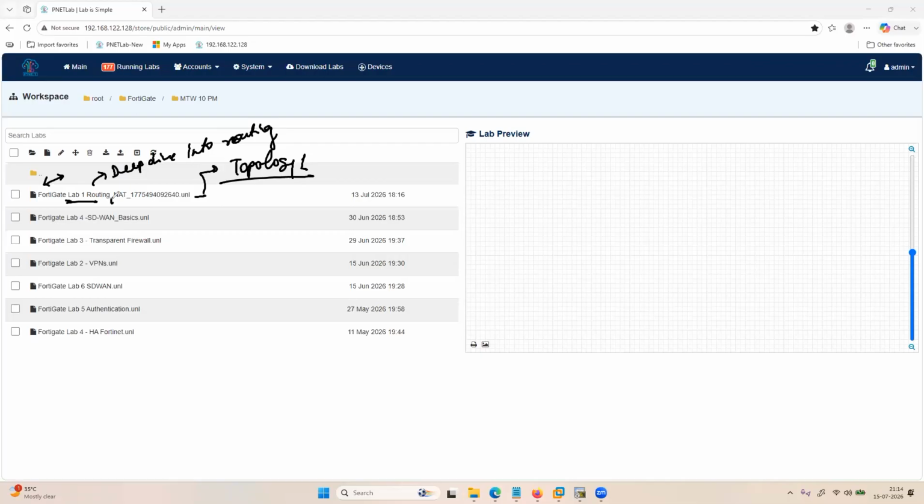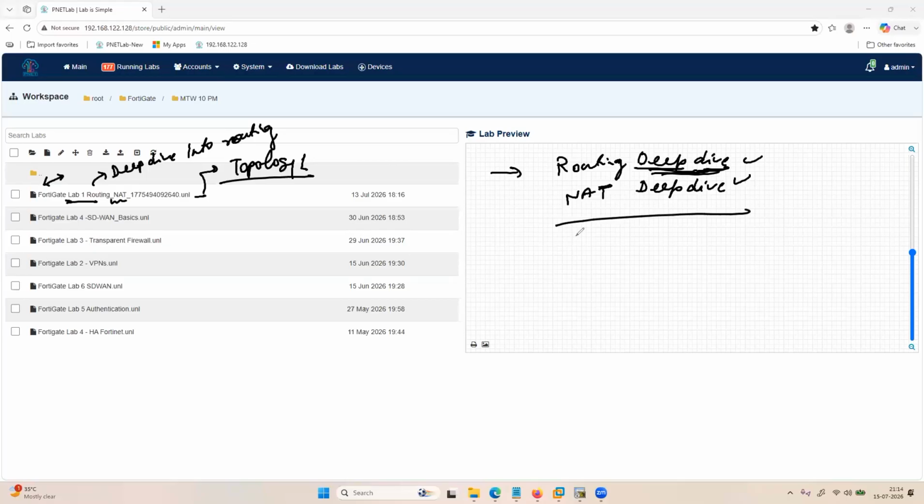And along with that, we'll be seeing NAT. So this first topology we will be leveraging for routing deep dive and NAT deep dive. Once I say deep dive, the meaning is clear to everybody, right? Getting it? Yes, sir.